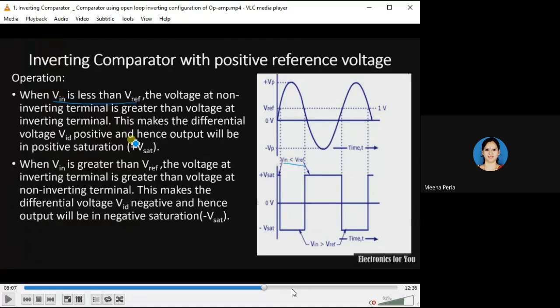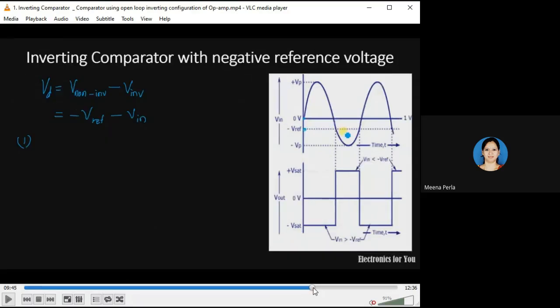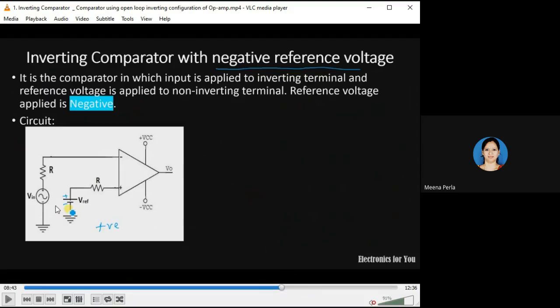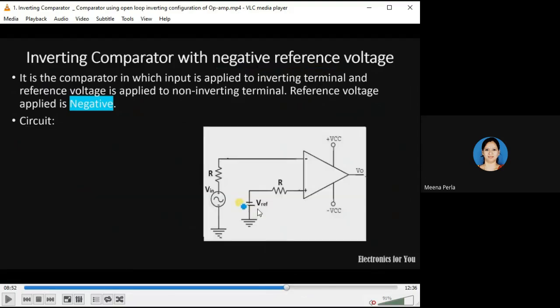So the next topic is negative reference voltage. Your circuit diagram has only one change: this reference voltage which was positive will now be changed to negative. So draw the circuit diagram for the negative reference voltage.